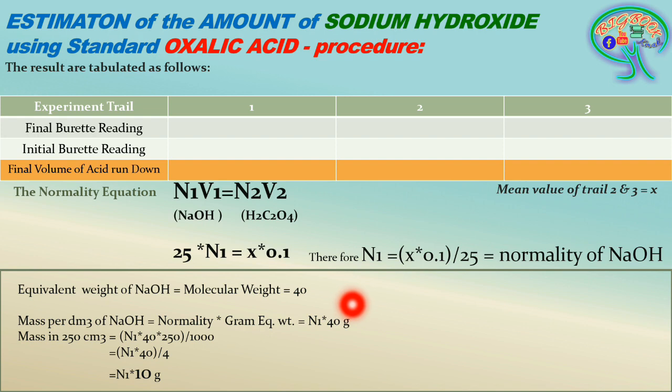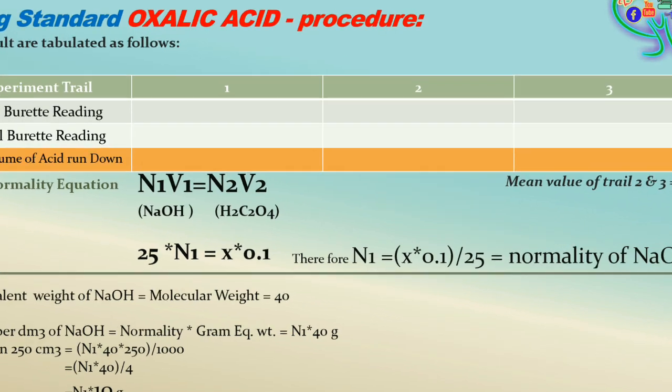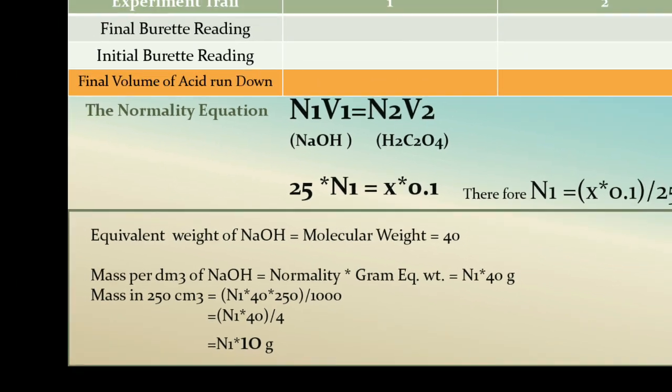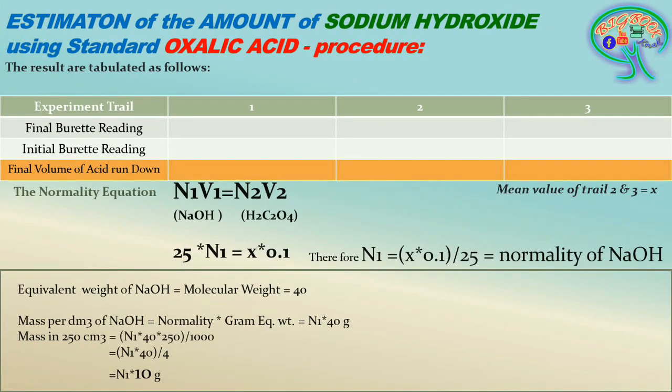When you do this division by 1000, you can see N1 into 40 divided by 4, so N1 into 10 grams. You can understand how things differ from line to line or equation to equation. So this is how we are going to estimate sodium hydroxide using standard oxalic acid.